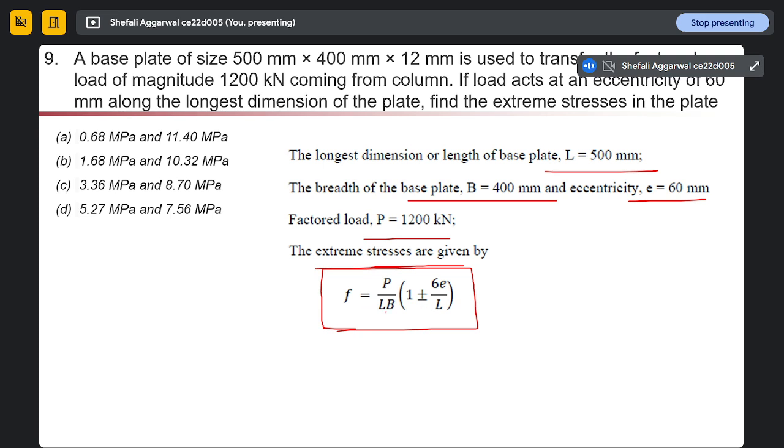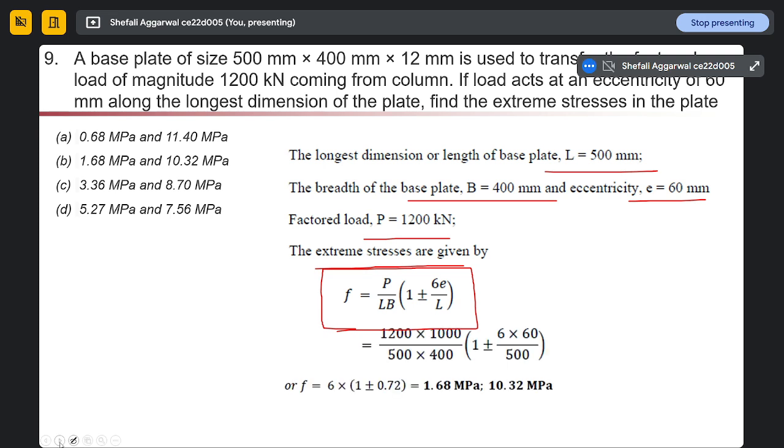P is equal to 1200 kilonewton, L 500 mm, B 400 mm, e 60 mm. Solving this formula, we get f as 1.68 MPa and 10.32 MPa. D option.